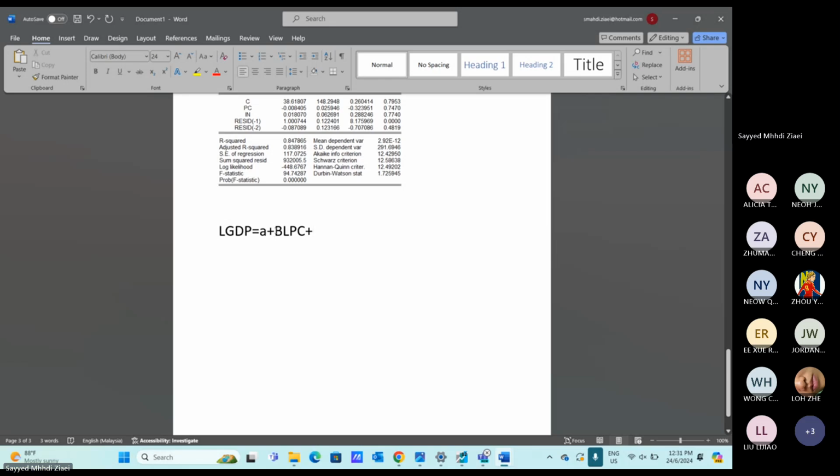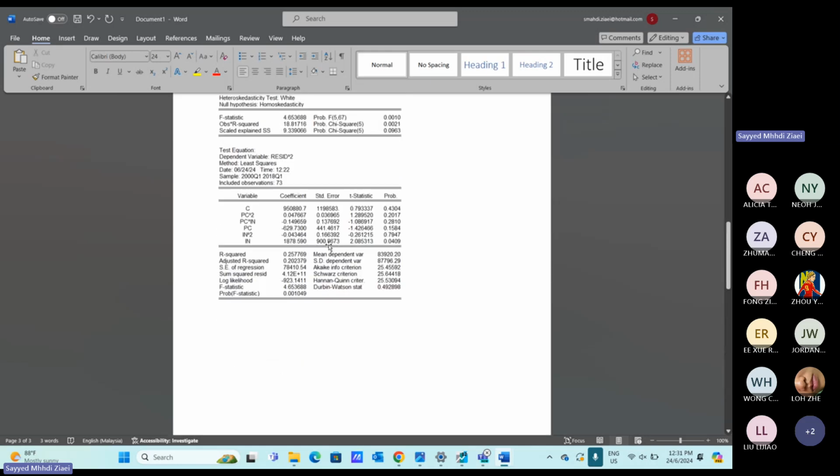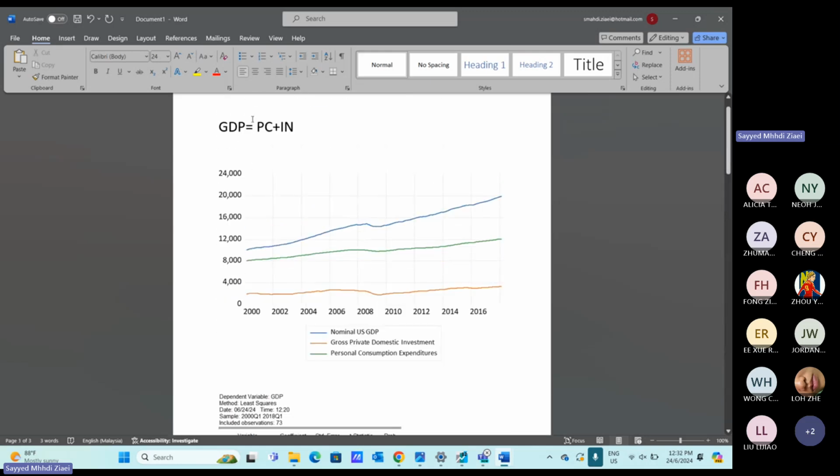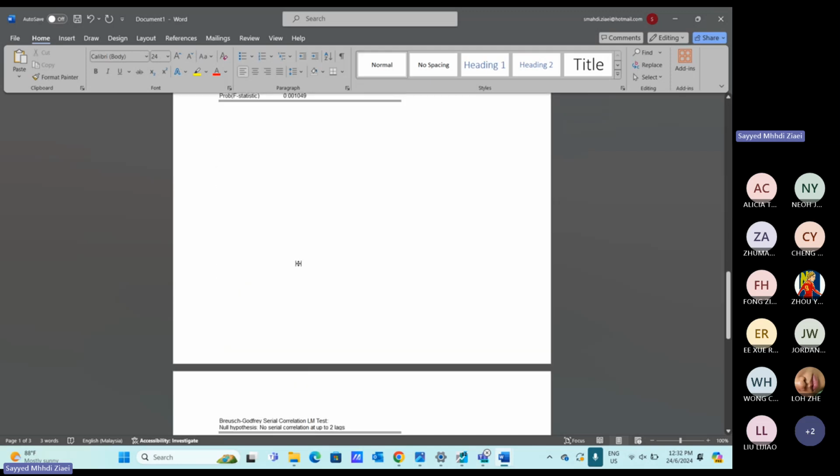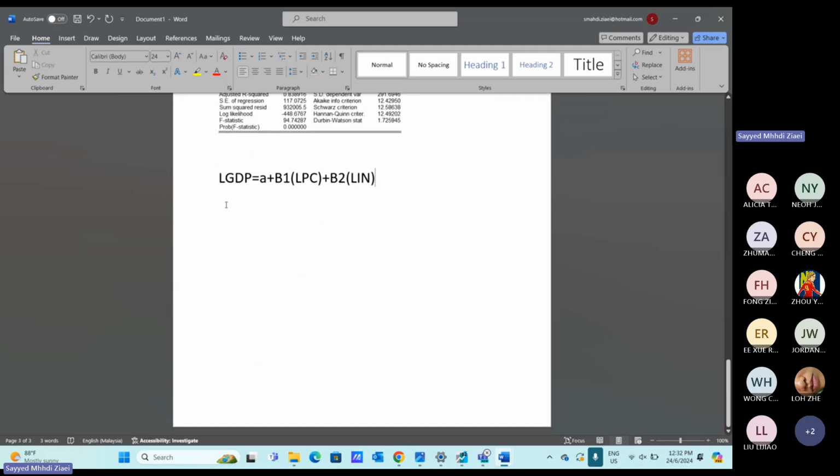So this one is B1 LPC, and then B2 LIN, investment. This one was our first regression, a simple regression. I took log of all variables, LGDP, LPC, LIN. So now we have ln of all variables.